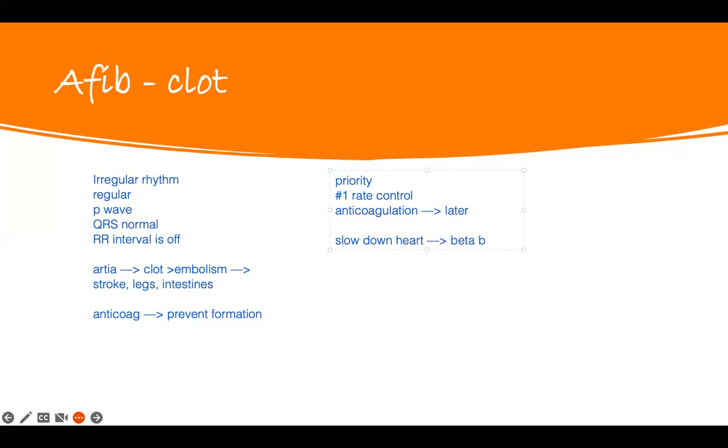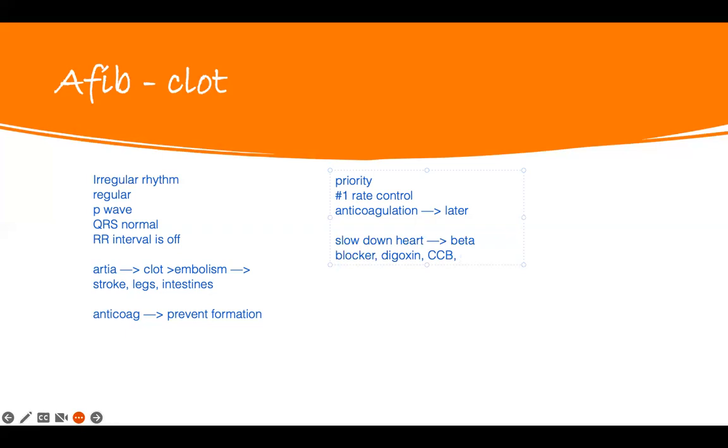So beta blocker, you can use digoxin, okay? What other medications slow down the heart? A calcium channel blocker. Anything you can think of that can slow down the heart is what we use for AFib.